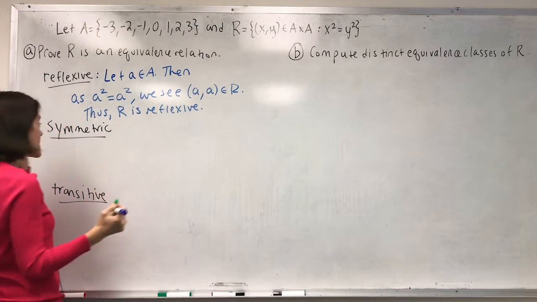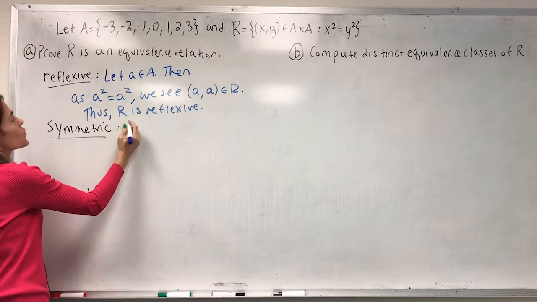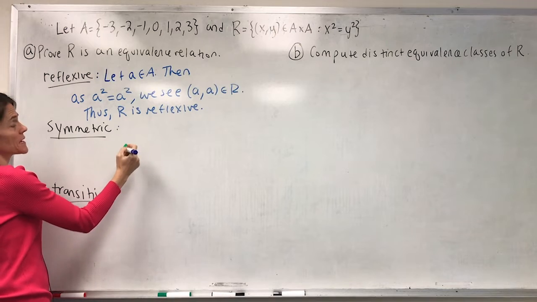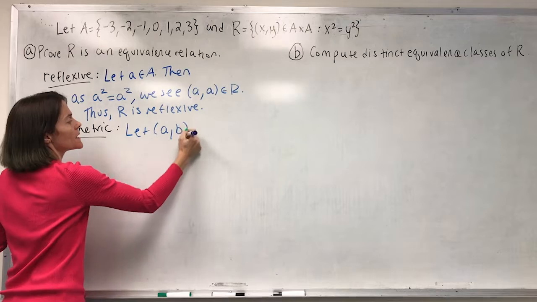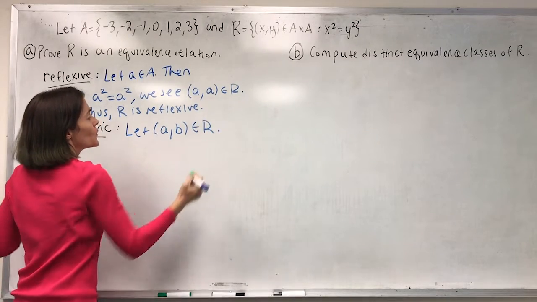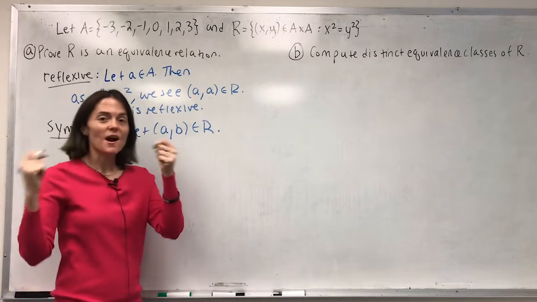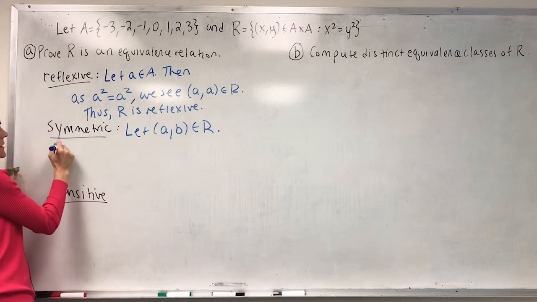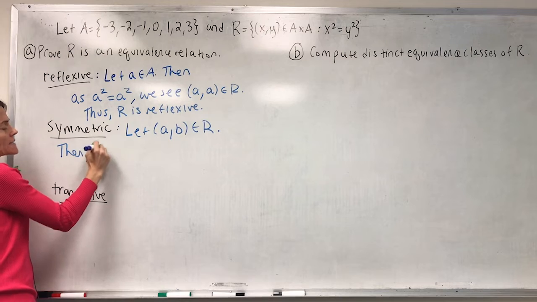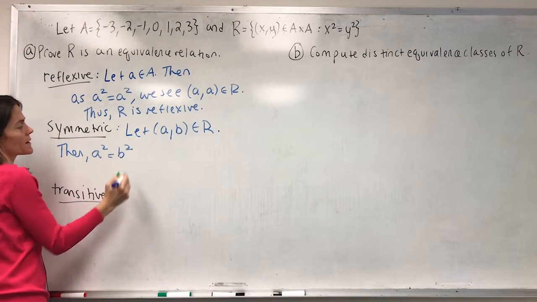Very nice. Symmetric. So we suppose we have something in R. We let (a, b) in R. We need to show (b, a) is in R. Well, (a, b) in R means a squared equals b squared.